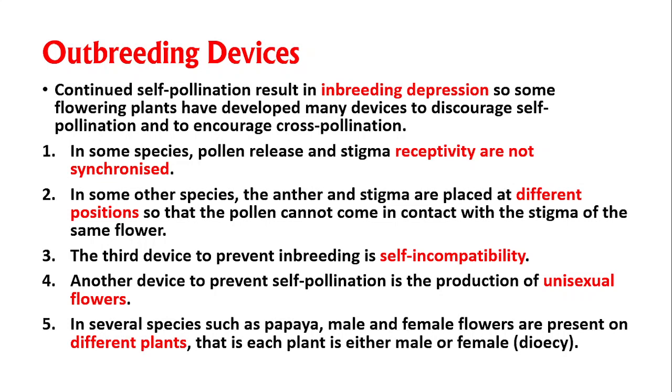Some of the plants have developed their own mechanisms, and these are called outbreeding devices. What are outbreeding devices? These are the devices or mechanisms which some plants have developed to discourage self-pollination.